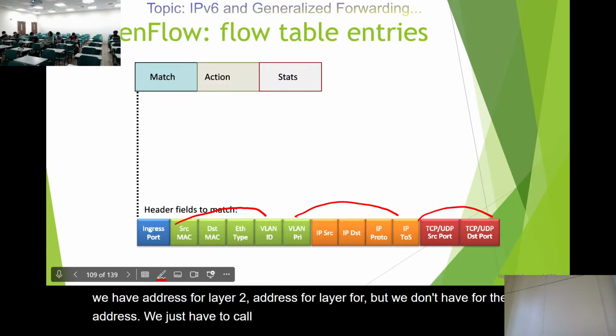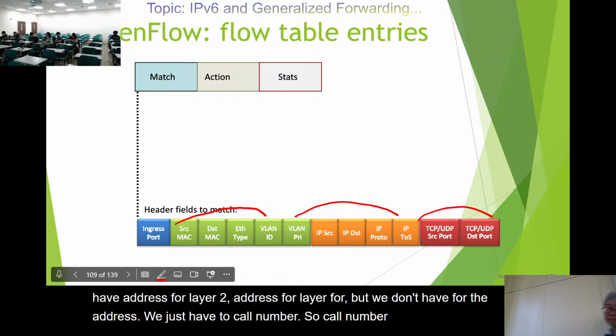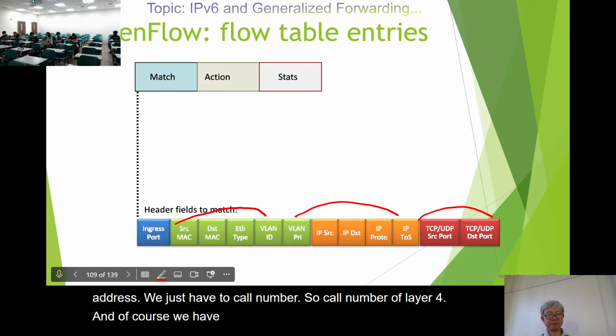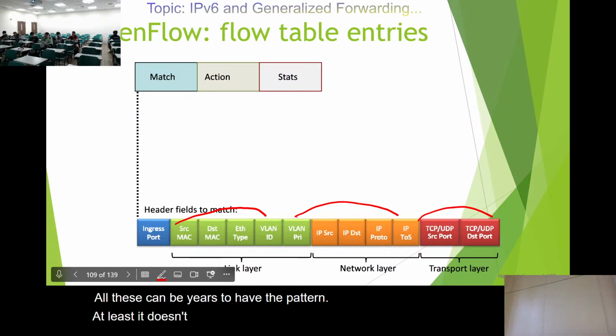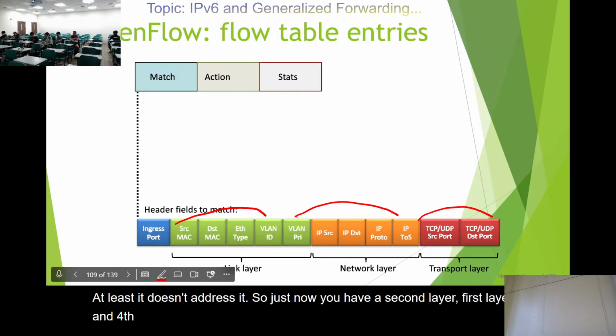So the port number of layer 4. And of course, we have the input port. All of these can be used to have the pattern. So you have second layer, third layer, and fourth layer information.